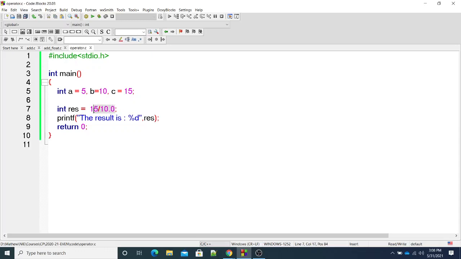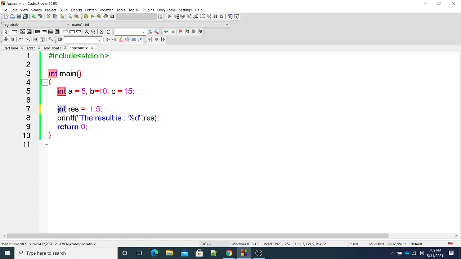In fact the RHS is evaluated to 1.5, but when you are assigning a floating point number to an integer variable, it can store only integers. So after the evaluation, when we are assigning, what is stored in the res variable is going to be an integer, because it's integer type.